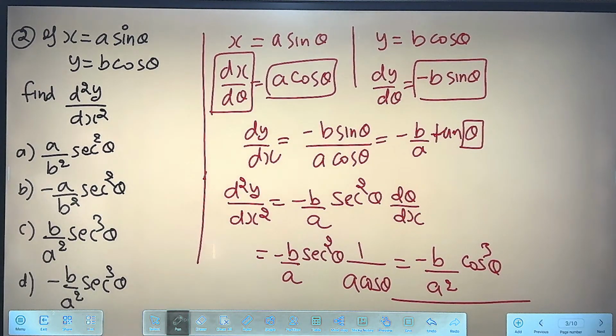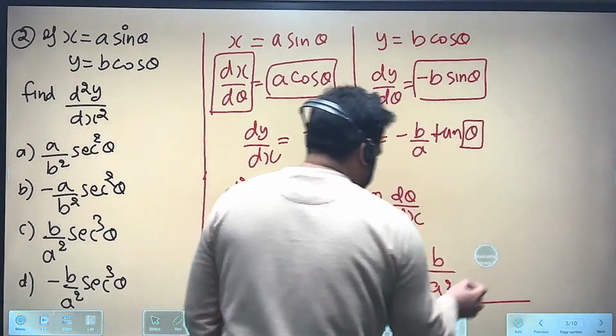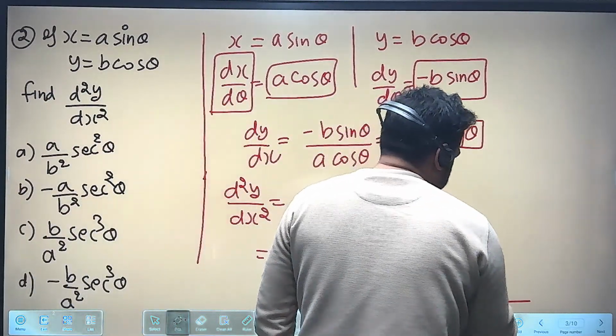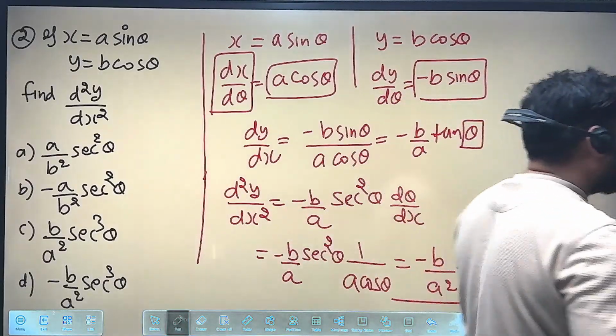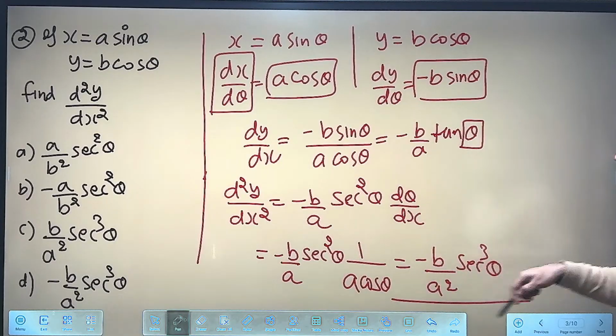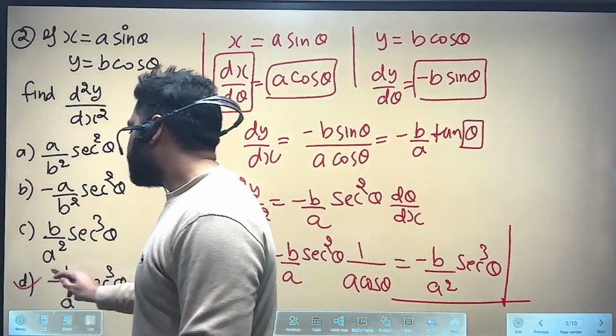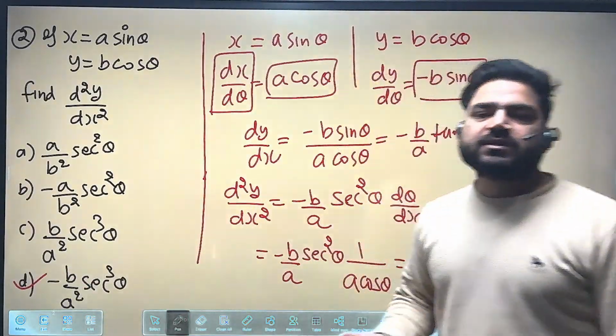So I'm really sorry, secant cube theta, not cos cube. Cos will go in the numerator, it will make secant. Secant square is already present, secant square and another secant is secant cube. So the answer will be minus b upon a square secant cube theta. This is our answer. So you can say that D option is our answer.